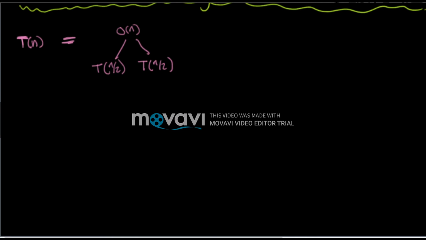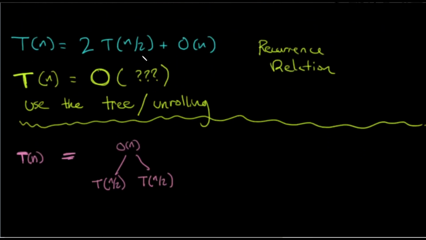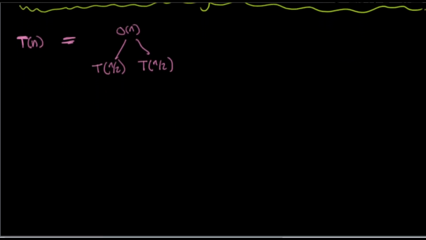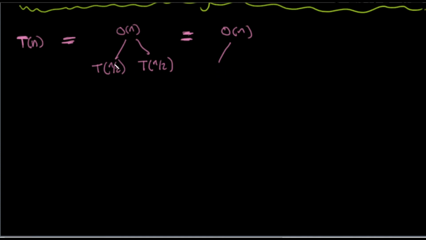I've just given some structure to our recurrence relation. Now we're going to unroll that. We're going to keep all of the O stuff, but we're going to keep unrolling anything with a T in it.